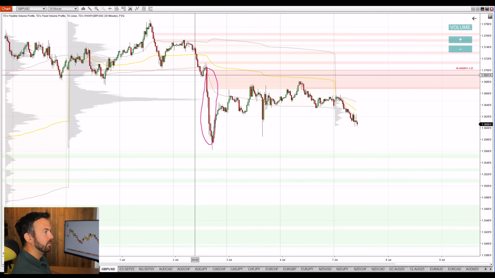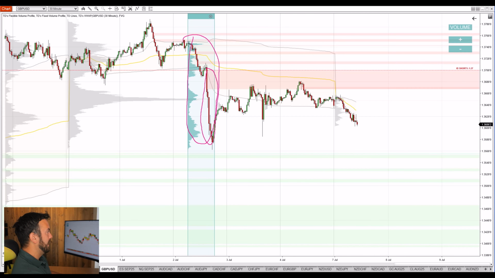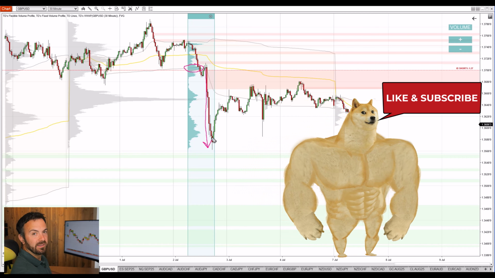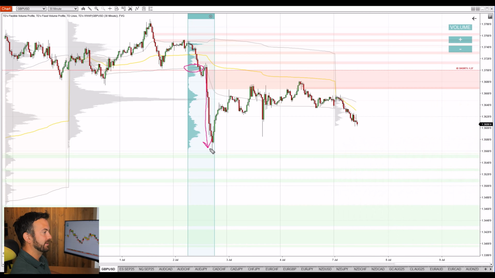Let me now use the volume profile over this whole trend area and show you how the volumes were distributed here, because this is important. There is a significant volume cluster right here, right before the sell-off started. What this is telling us is that sellers were adding to their short positions here, and then they initiated this sell-off.